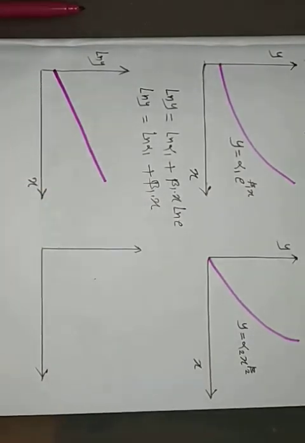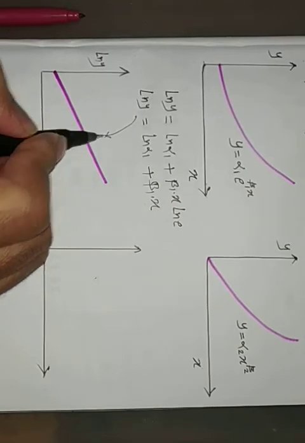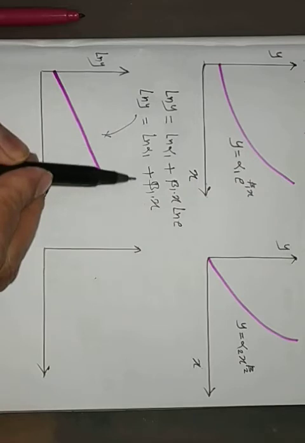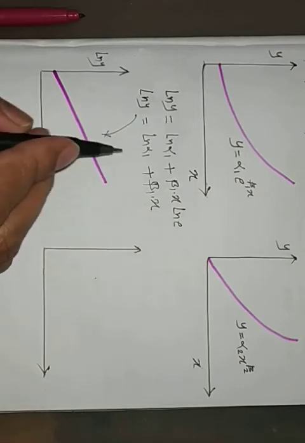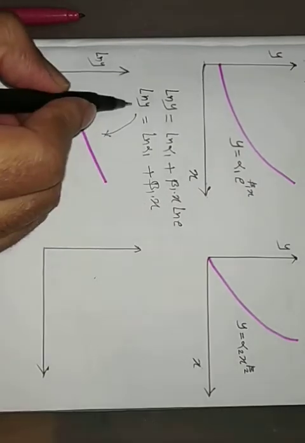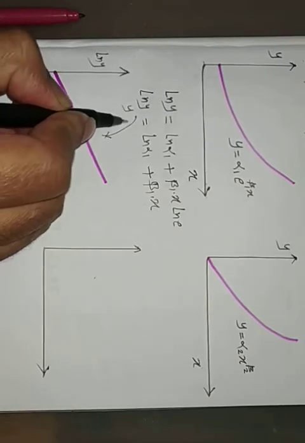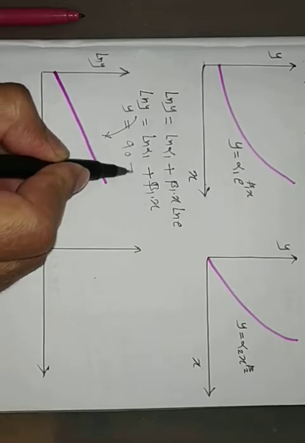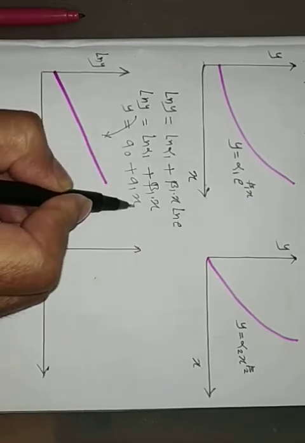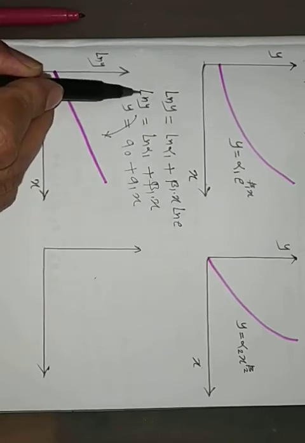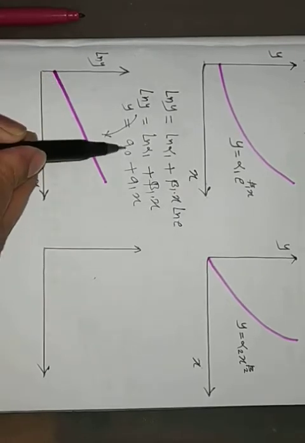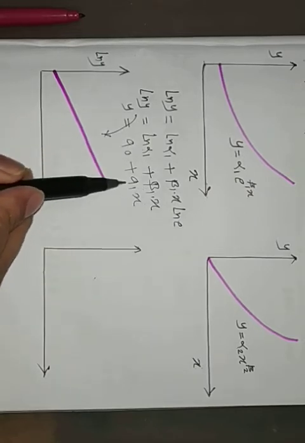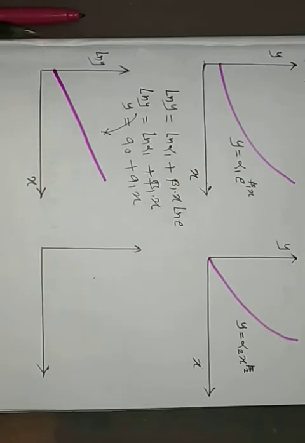Okay, this is the equation for this line, and here this equation is similar to y is equal to mx plus c, or our equation for linear regression y is equal to a0 plus a1 x. Y means here natural log of y, a0 is natural log of alpha 1, and beta 1 is a1, here x is x.